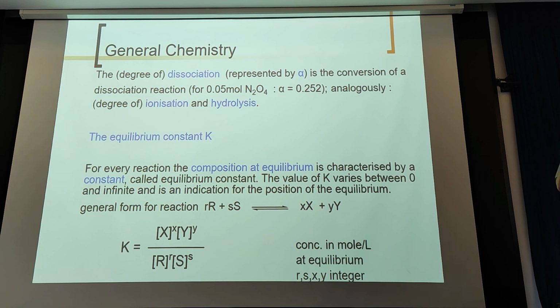If it is smaller than 1, actually there is very little conversion for such a reaction, and you have mainly still reactants. Some Ks are really very small, like 10 to the minus 10. In such a case, you know there's very, very little conversion, and products will be formed only in minute concentration.